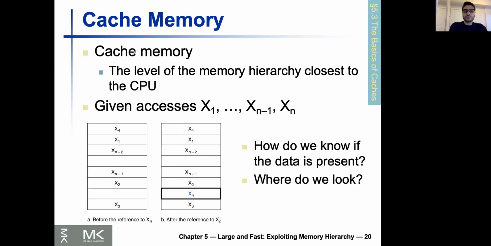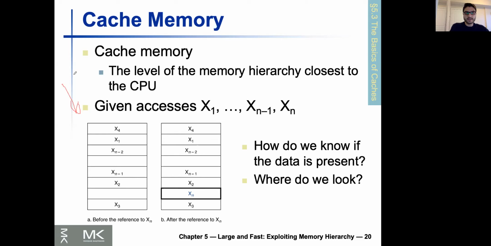As I mentioned, your cache memory is the level of the memory hierarchy which is the closest one to your CPU. L1 within your cache is going to be even the closest. Assume this was the layout in your cache before a reference to XN.